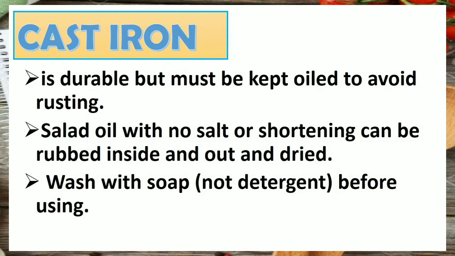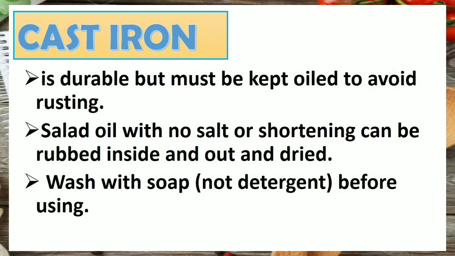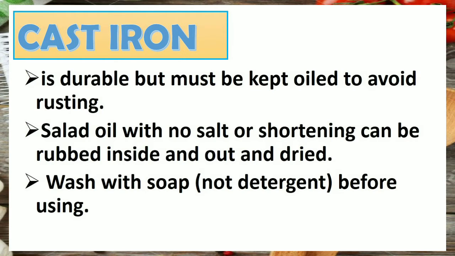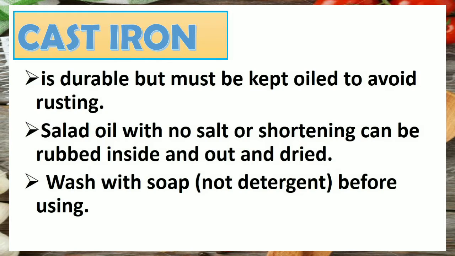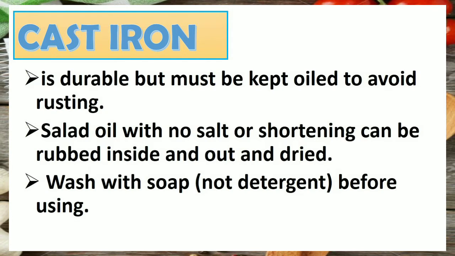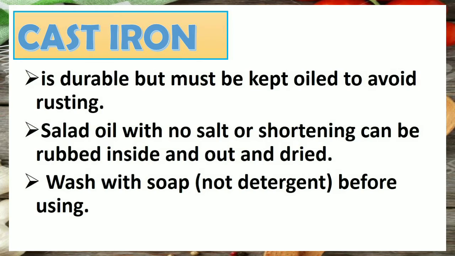Because if you will not put some oil in storing your cast iron, it will have rust. And then, wash with soap, not detergent, before using. Okay? Wash with soap, not a detergent. A detergent is used for laundry and not for washing the dishes.